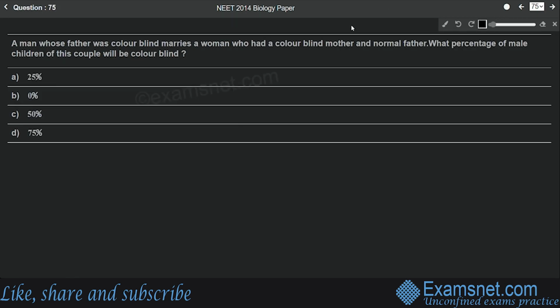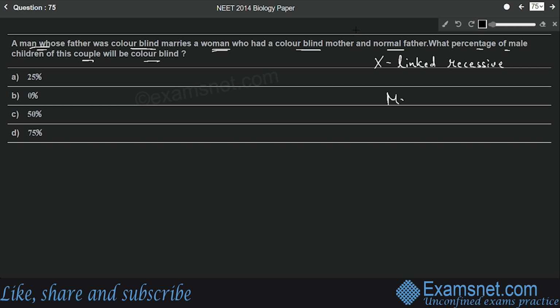Question number 75 is from the chapter Principles of Inheritance and Variation, and the question is, a man whose father was colorblind marries a woman who had a colorblind mother and normal father. What percentage of male children of this couple will be colorblind? First of all we should know that color blindness is an X-linked recessive disorder.